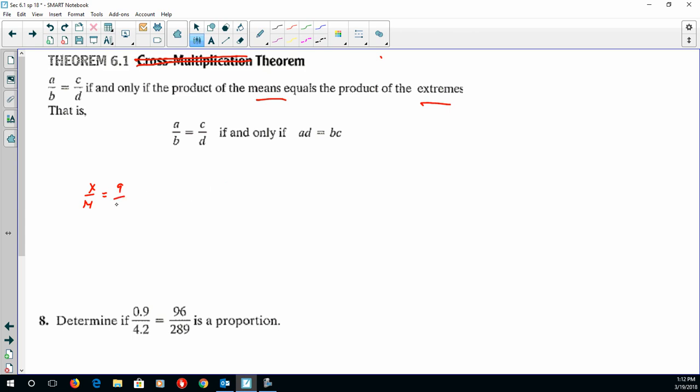If you want to solve this, don't multiply by 14 and 7, just multiply by 14. And the 14s will cancel, and you'll have x is 14 times 9 over 7, and the 7 goes into 14 twice, so you just get 18. So all you need to do is multiply by 14, not 14 and 7.